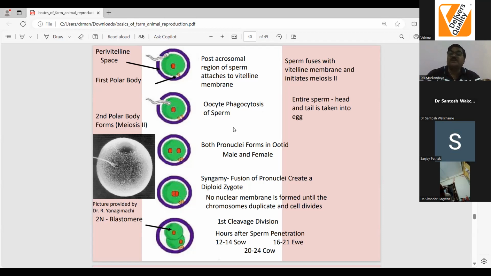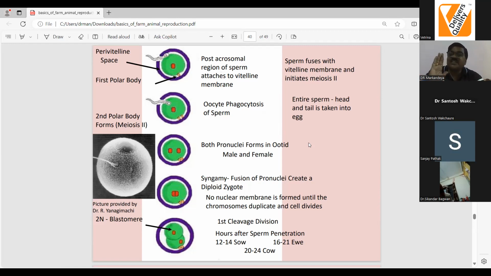In this process, whatever expression of foreign proteins through the conceptus is received by the female needs to be stopped. The female should not recognize that some foreign proteins are there in the body.